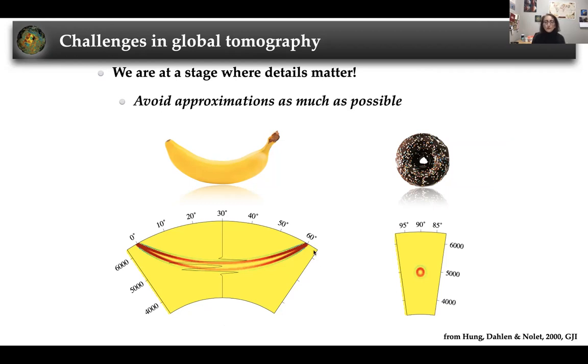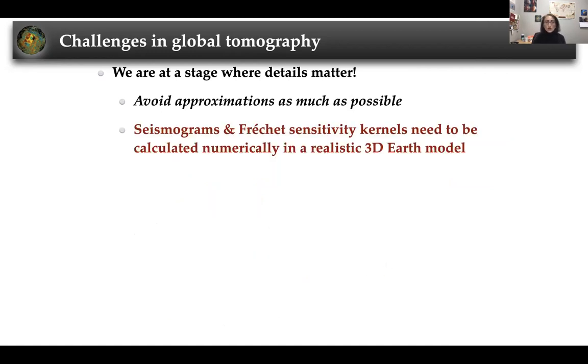So just because of this nice shape, this theory has also been known as the banana-donut theory for body waves. So that's why we now need to incorporate 3D wave simulations in the computation of seismograms and sensitivity kernels to construct our 3D models.